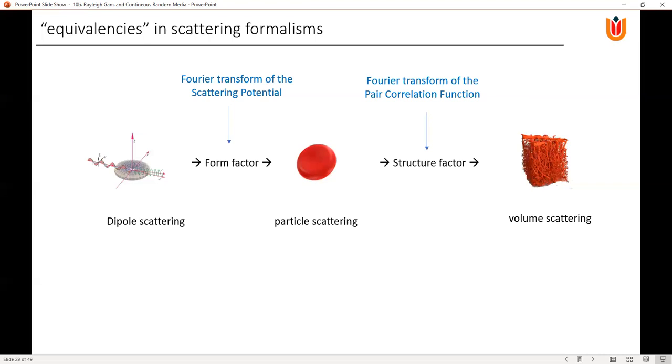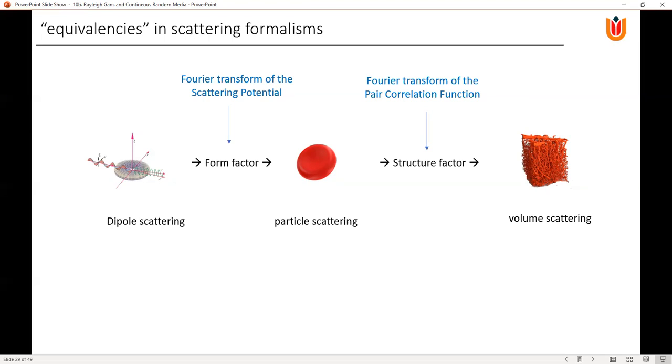So if you would now try to look at some equivalence in these scattering properties: for this Rayleigh-Gans scattering, every volume element acts as a dipole scatterer, and you would need the form factor to tie that together to get the scattering of a single particle.